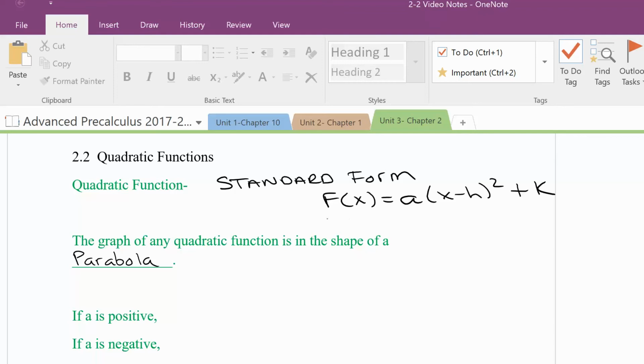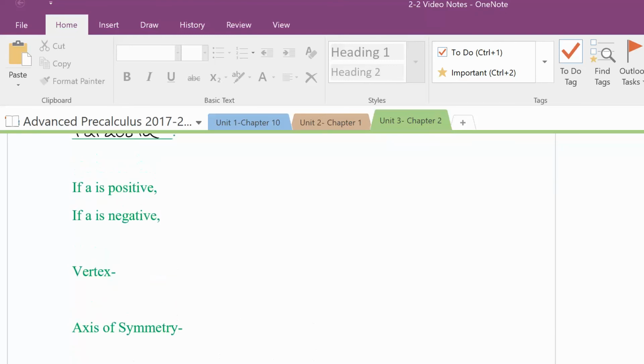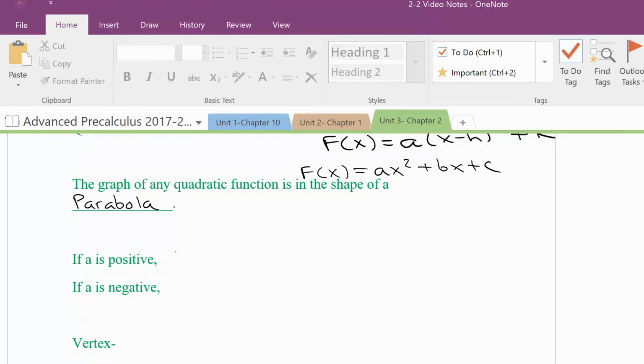Now, sometimes if it's not in standard form, you'll see it as f of x equals ax squared plus bx plus c. So those are the two forms that you will see it in. If a is positive, the parabola opens upward.